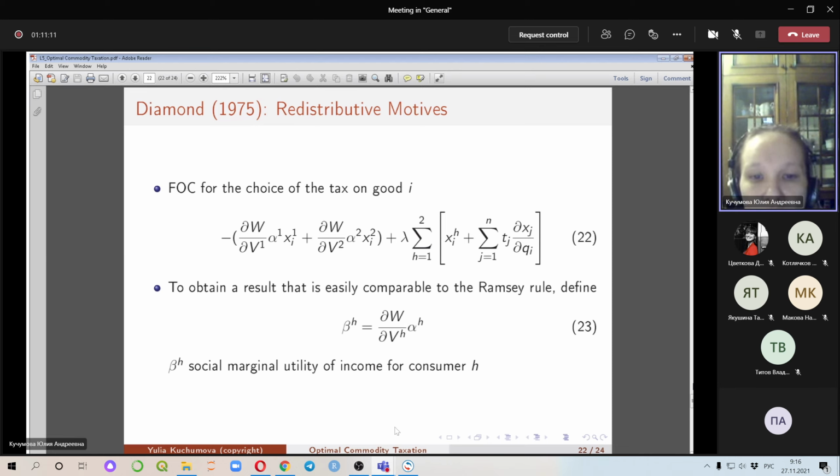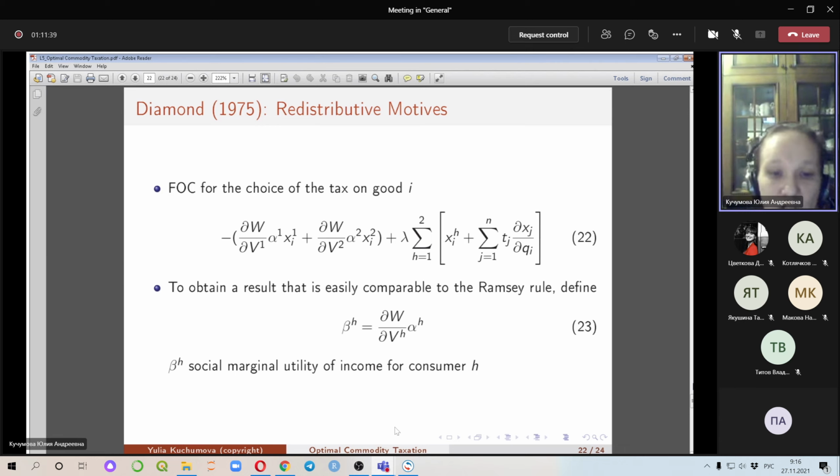And to obtain a result that is easily comparable to the Ramsey rule, let us define beta H, which is the derivative of the social welfare W with respect to VH, its indirect utility function of the consumer, multiplied by alpha H. Alpha H is, by analogy, the Lagrange multiplier in the consumer problem.